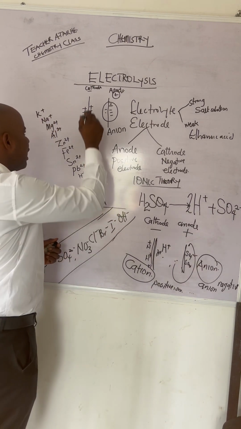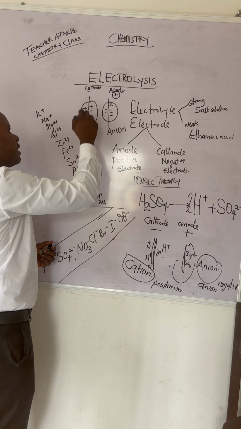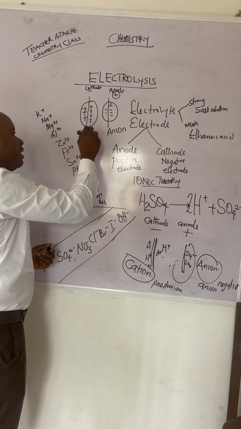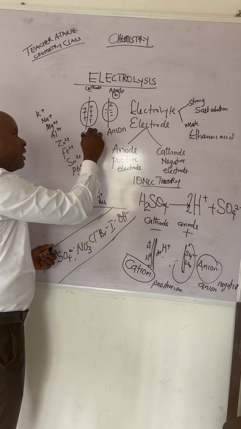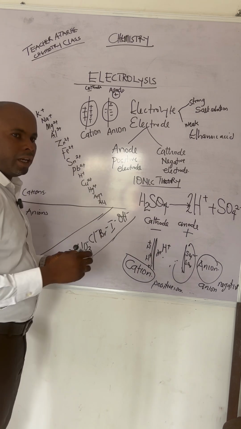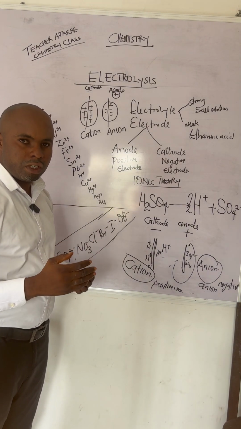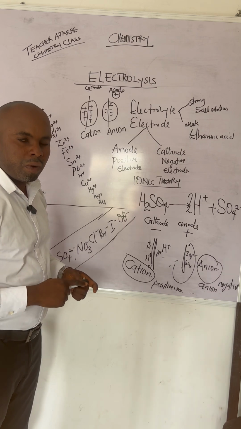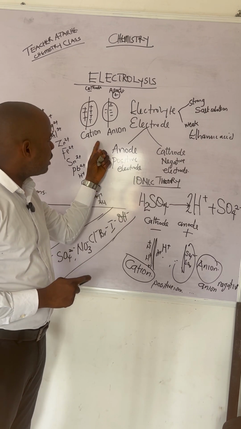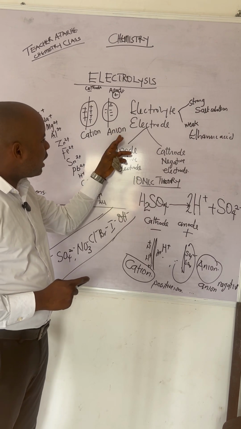Here the positive ions are found at the cathode, so we bring out the CAT and add the ions to form cation. So in electrolysis, the cathode is a negative pole, while the anode is a positive pole.